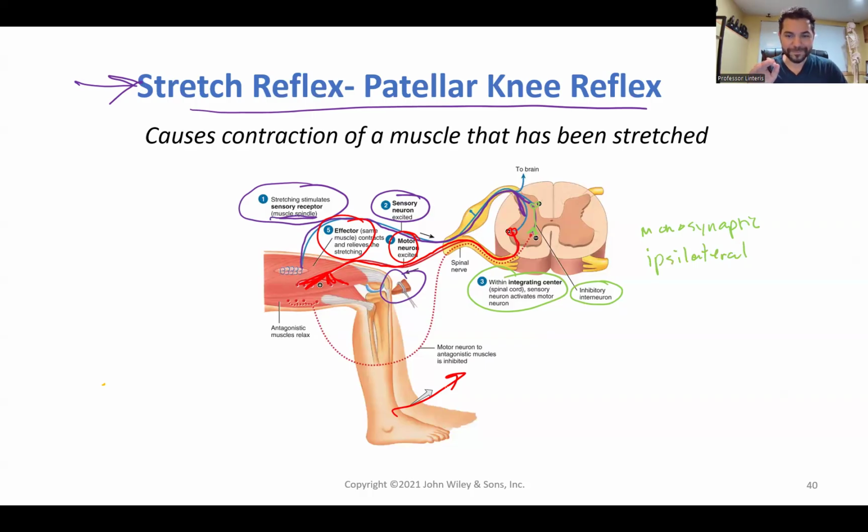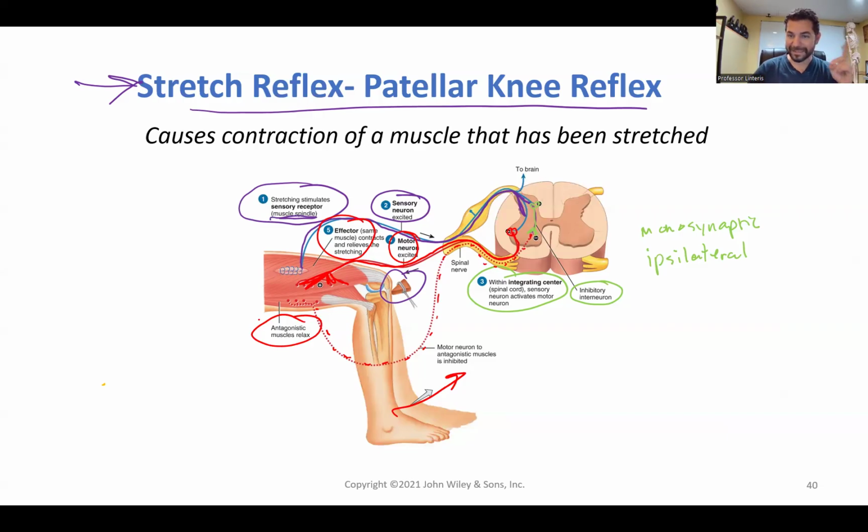Important. At the same time, we have a dotted line going to our hamstrings. The hamstrings, because of reciprocal inhibition that we just mentioned, will be relaxed. That allows for extension of the leg. First thing, you tap with the hammer.